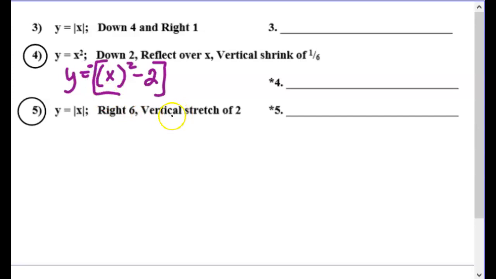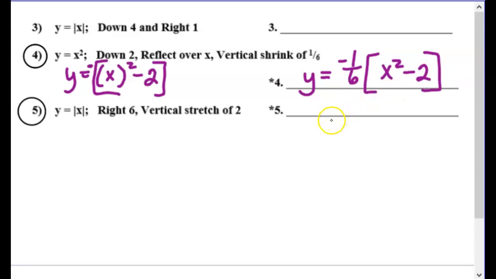That's a tricky one. Put the negative on the outside. And then a vertical shrink of 1/6 would also be on the front. Yeah, I don't like that question. That's why it has a star. So you'd actually have a negative 1/6 and then an x squared minus 2. I won't ask that, I promise, okay?